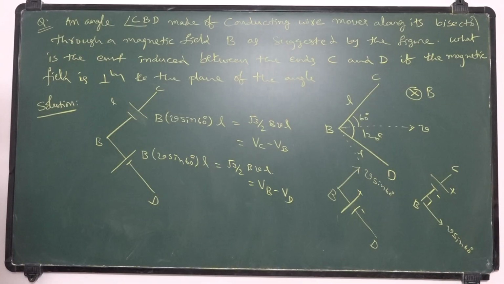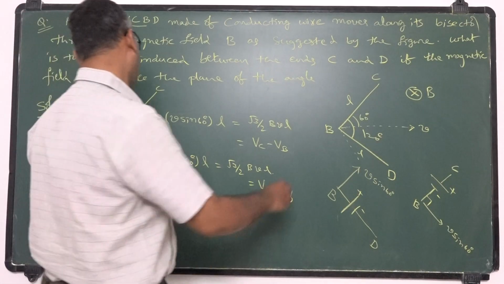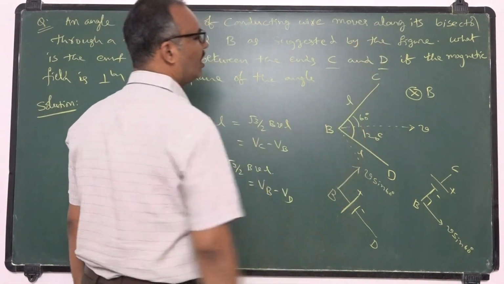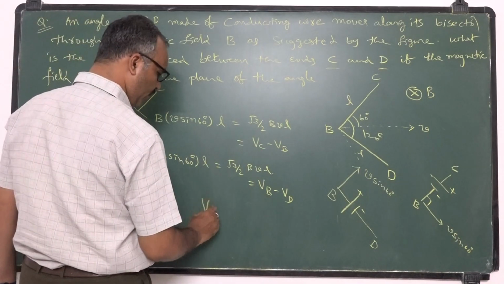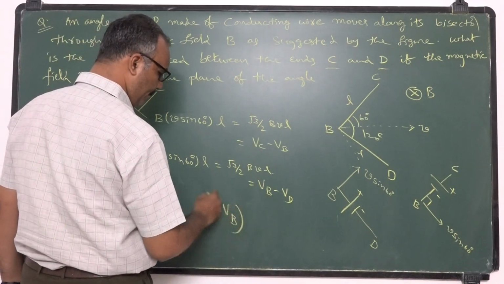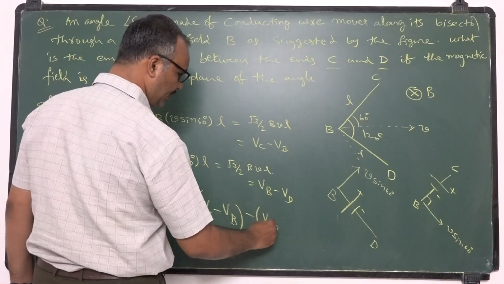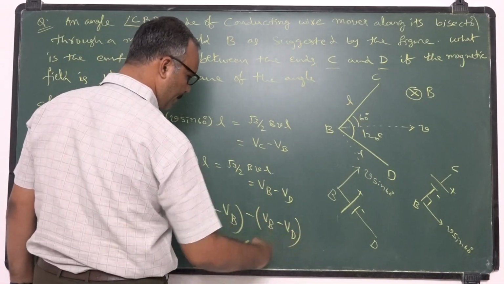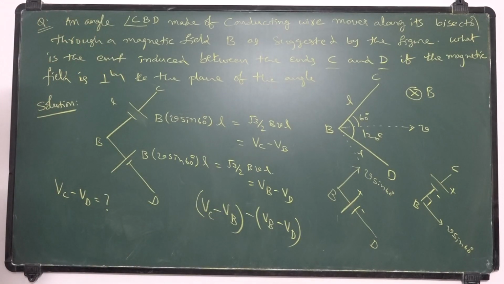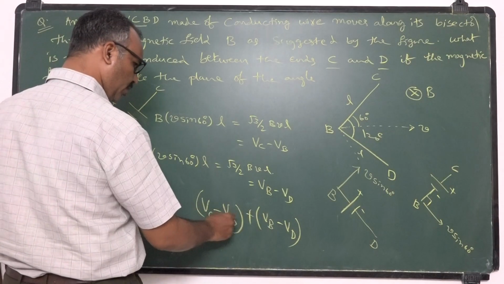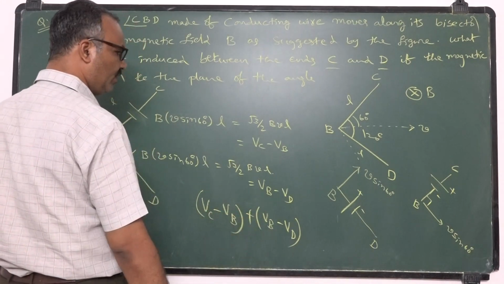Now the question is, the EMF induced between C and D they are asking. That means you are asked to find VC minus VD. If you add these two, VB gets cancelled, and VC minus VD will be left over.